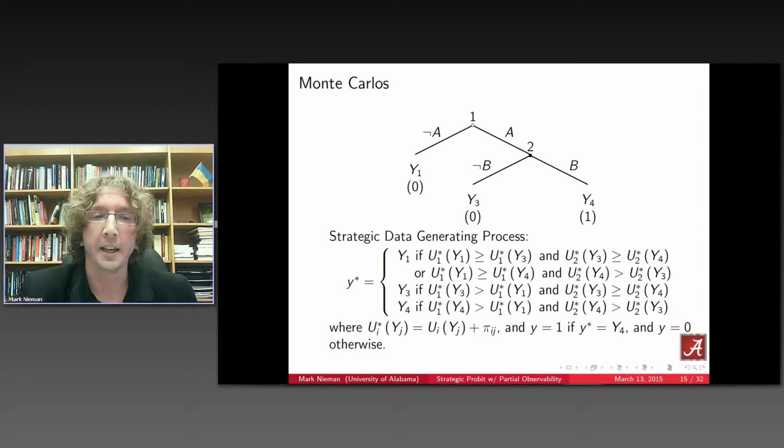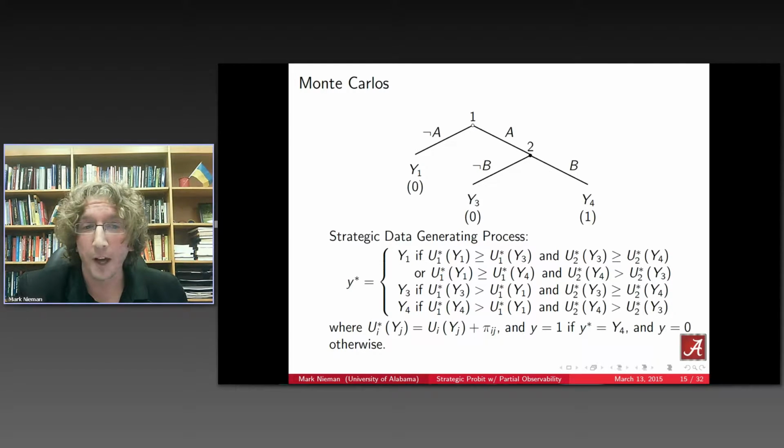So the latent variable y is going to take the form of y1 when player 1 prefers the outcome y1 over the outcome y3 when player 2 prefers outcome y3 to outcome y4. It will also take that form when player 1 prefers y1 to outcome y4 and player 2 prefers y4 to y3.